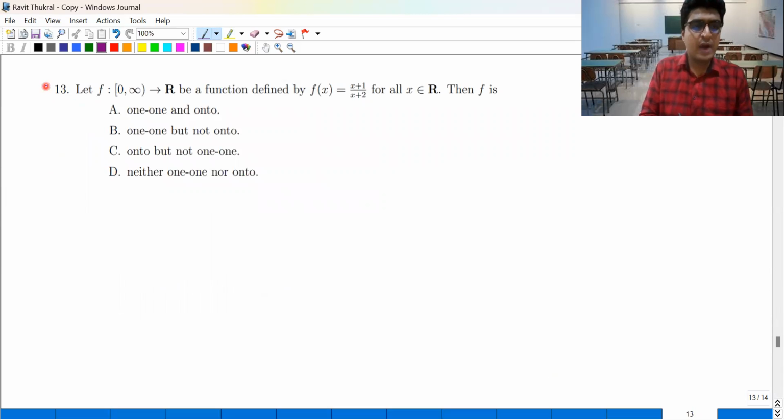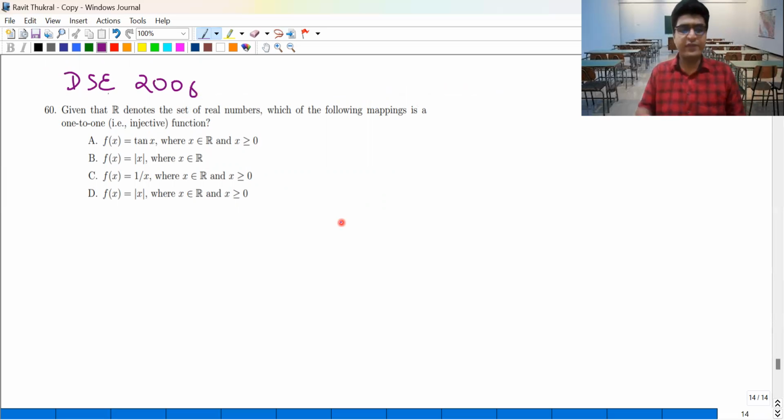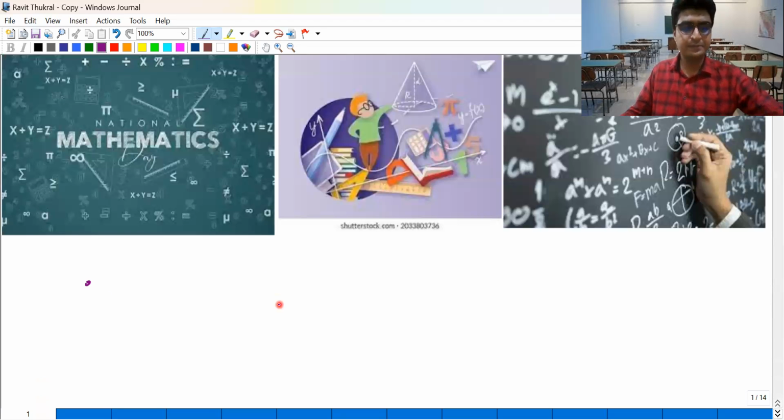And this is from IIT JAM 2022, and we'll do one question from DSE 2006. Okay, so this will be the structure for every class. We'll start with some of the concepts and then we'll do some past year questions related to that concept. Okay, so let's begin.